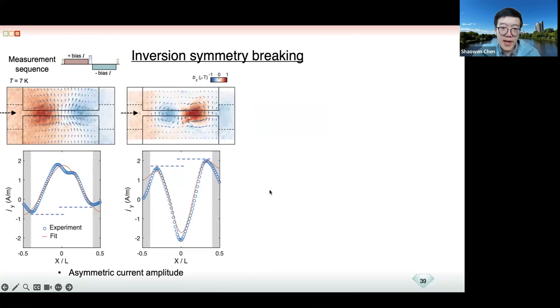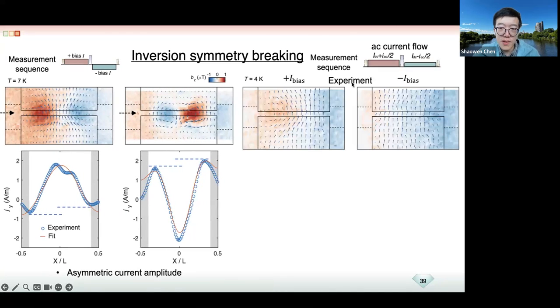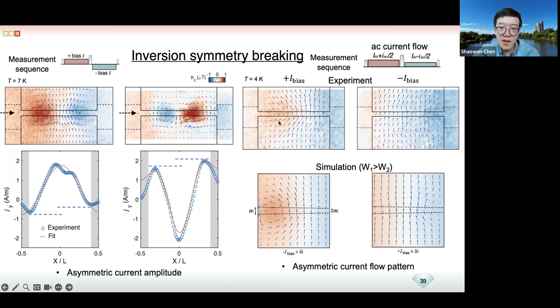And in the 4 Kelvin case, we can do additional measurements. Now, taking the magnetic field generated by the small AC current, and doing that at either a positive or a negative bias, if the junction were perfectly inversion symmetric, what you would expect is that the shape of the current should be inversion symmetric with respect to one another. However, that is not what we see.